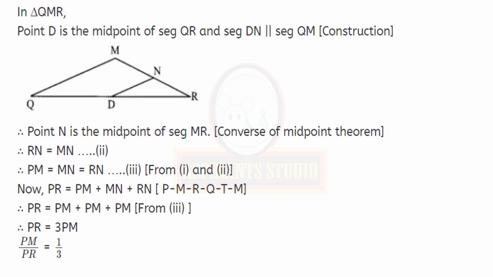Because in equation 3, MN is also equal to PM, RN is also equal to PM. So we can replace MN and RN by PM. So PR will become PM plus PM plus PM, which is otherwise 3 PM. Now do the interchanging. Bring 3 to the other side. Bring PR to the other side. You will get PM upon PR is equal to 1 upon 3.